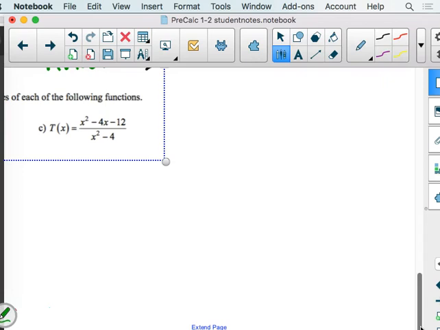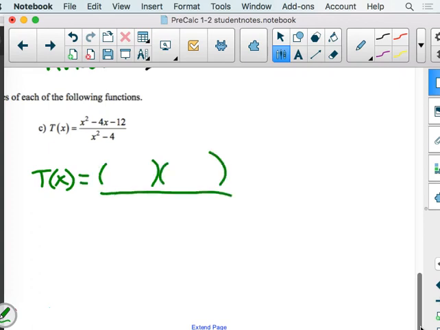This has a little bit more going on. Not sure whether or not the top is factorable yet. We'll think about that in a second. But our focus is on that difference of two squares that we see down there. The x plus 2 and the x minus 2. Because that's going to tell us right away what we have to focus on.